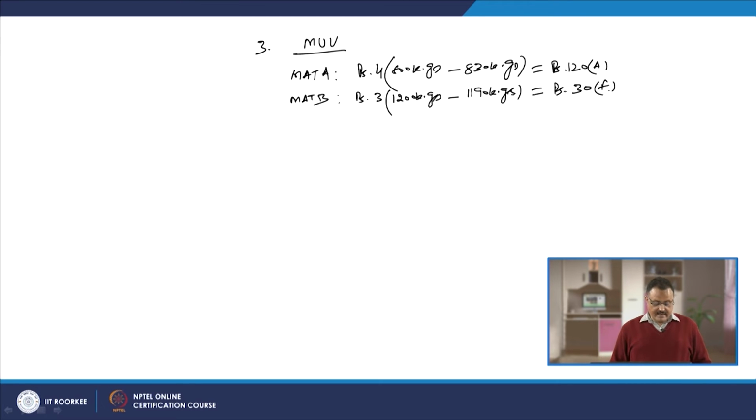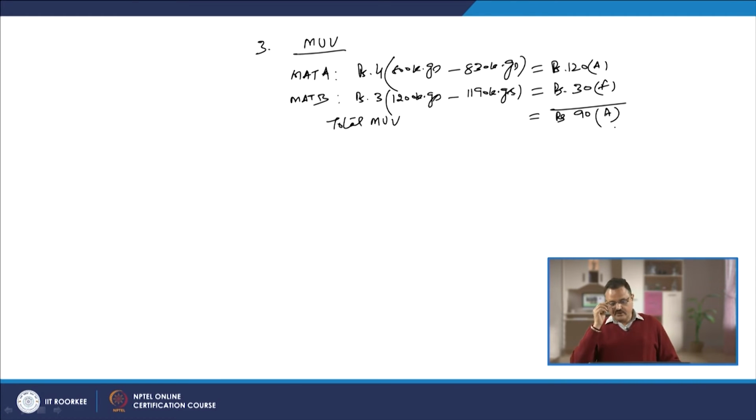So you can find the total MUV: rupees 90 adverse. So now you got the real answer of what this variance is and how we have to calculate it. Material usage variance is 90.